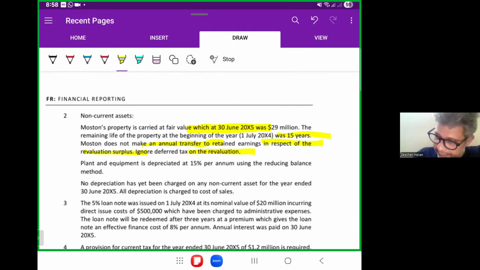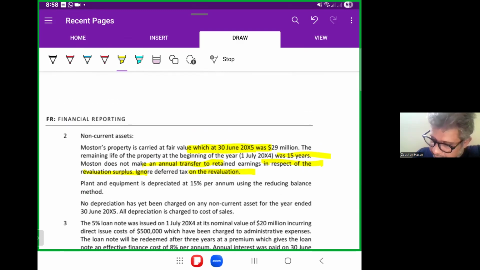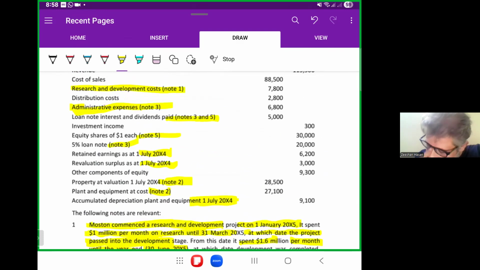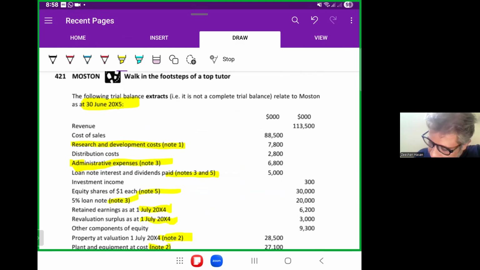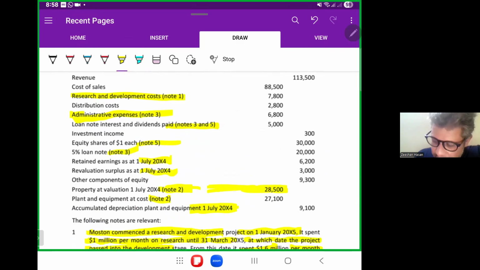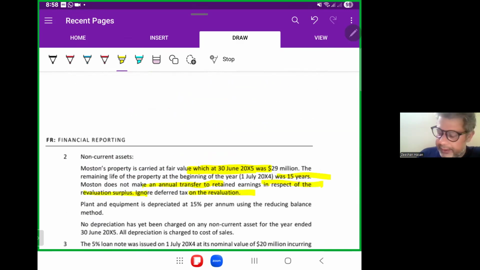Ignore deferred taxation on the revaluation. What was the value of the building in the trial balance? Here it is, 28,500. So it is revalued by 500.